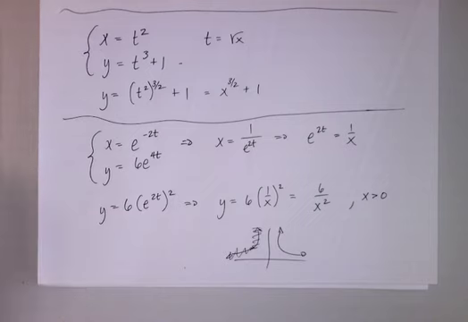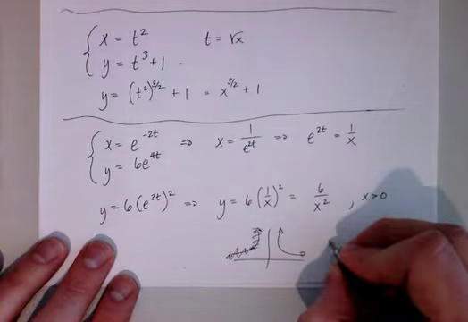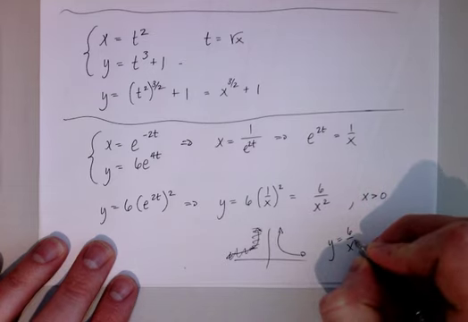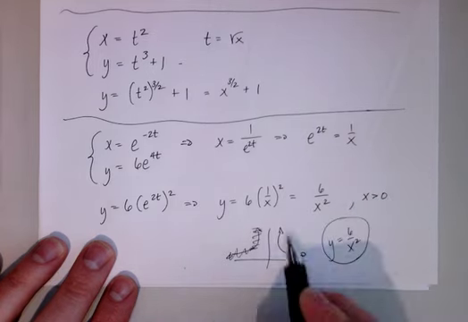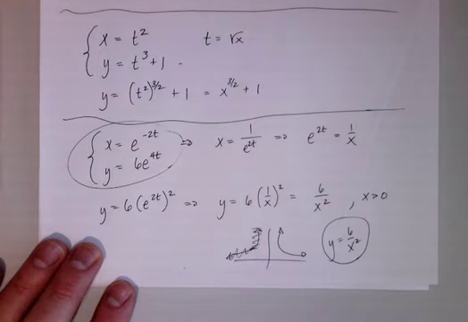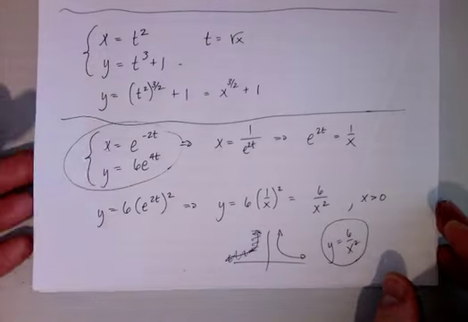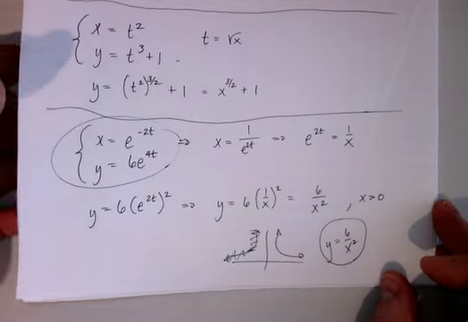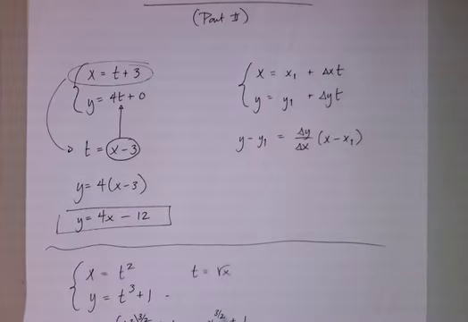Okay, and you can pop it into your calculator and look at the difference between y is equal to 6 over x squared, showing both halves of that, and this, which will only show one half of that. So remember, when you're limiting the parameter, you need to be a little bit careful about a few of the restrictions based upon the relationship that both x and y have to the parameter and the implied restrictions that are there.